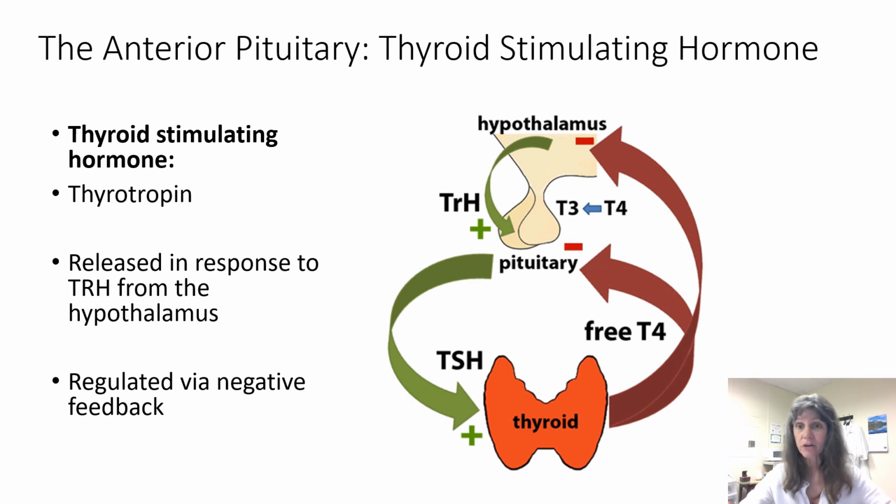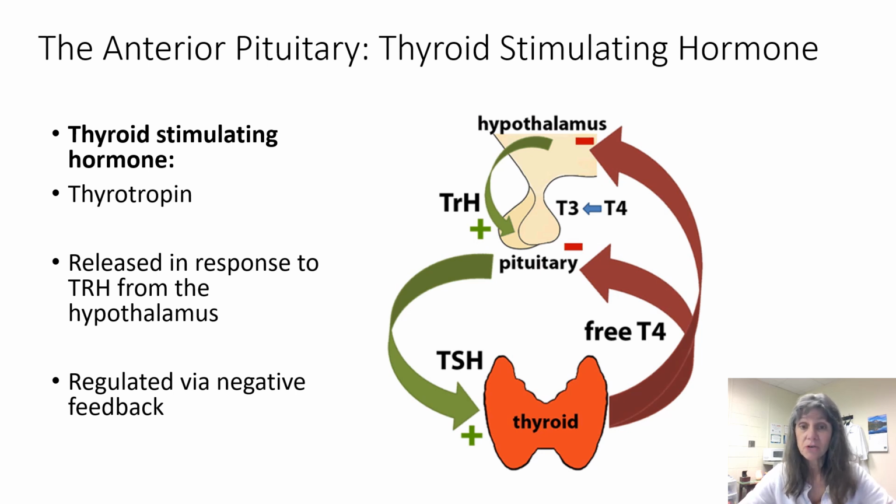If it's a releasing or inhibitory hormone, it's coming from the hypothalamus to the anterior pituitary. And thyroid stimulating hormone is going to do just that. It's going to stimulate the thyroid gland to produce thyroxine and triiodothyronine, T4 and T3, respectively.